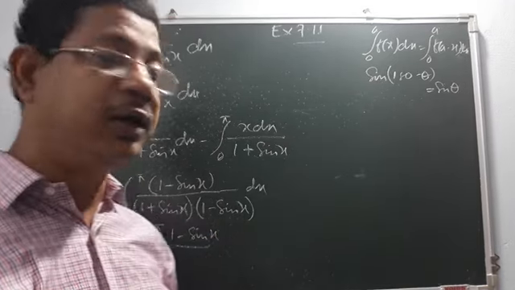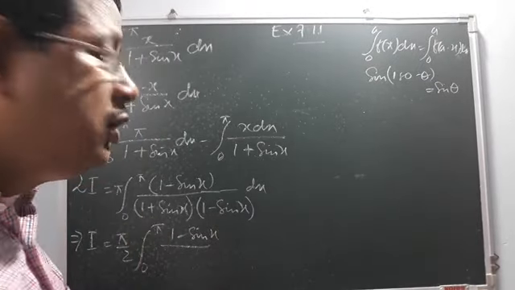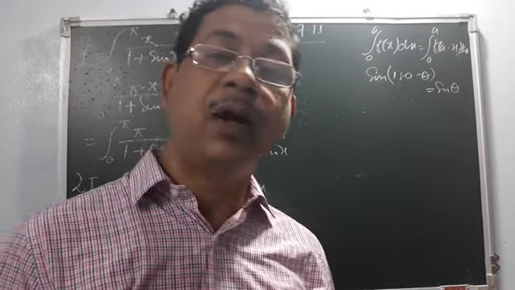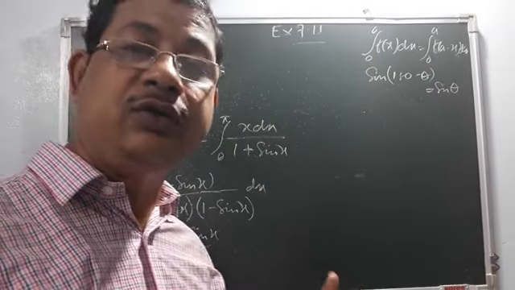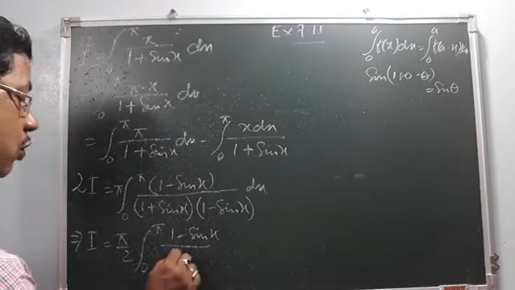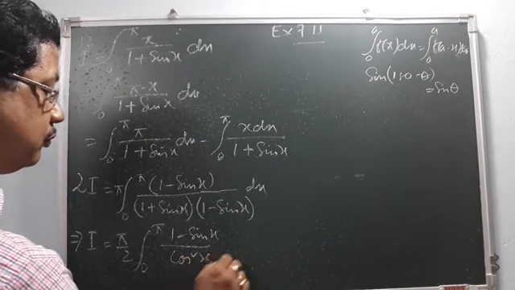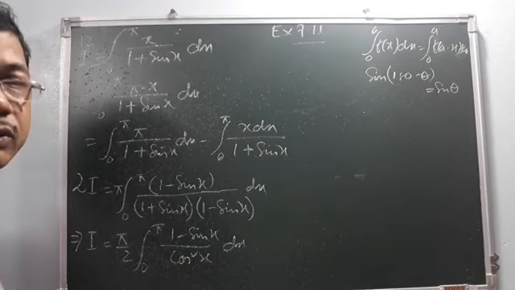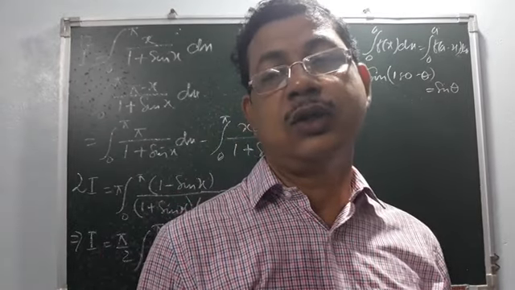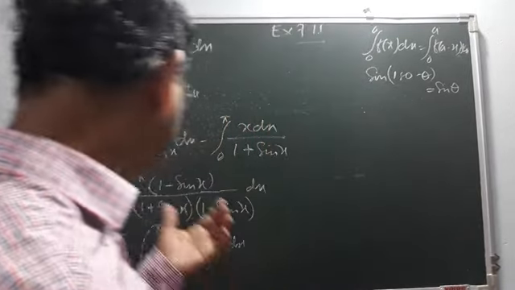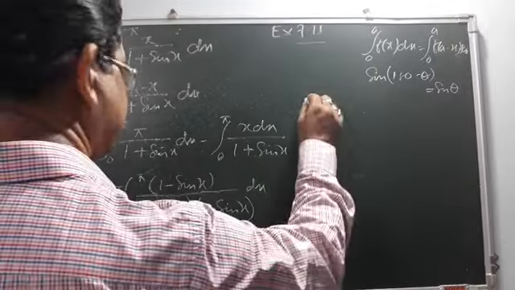A plus b, a minus b automatically will be 1 squared minus sine squared x. So 1 minus sine squared x is cos squared x, because we know that sine squared theta plus cos squared theta is equal to 1, so cos squared theta is 1 minus sine squared theta. From this I can write this.